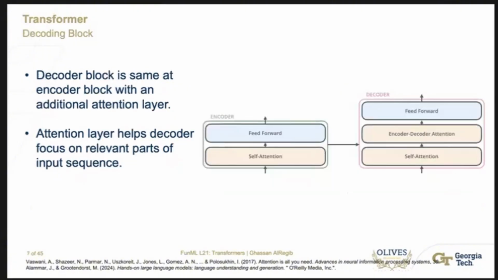If you take the decoder and zoom in, you'll see there is one additional block, which is called the encoder-decoder attention, or the cross attention. In self-attention, we learn the dependencies between the tokens from one input. However, in encoder-decoder attention, we learn these dependencies from two different inputs, not just one input. This allows the model to associate two different inputs together.